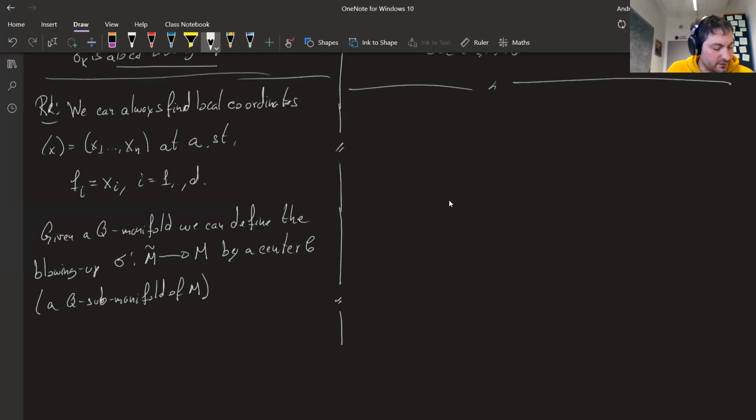So I'm not going to actually give the definition. I'm going to do this by patching together the local definitions, the local constructions.